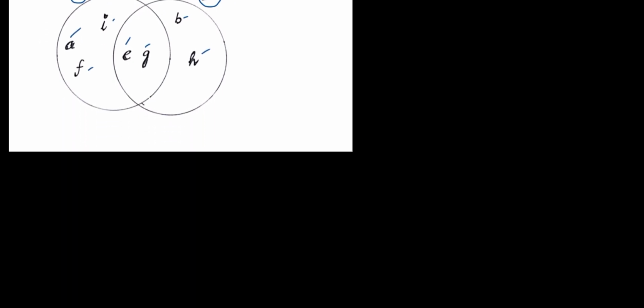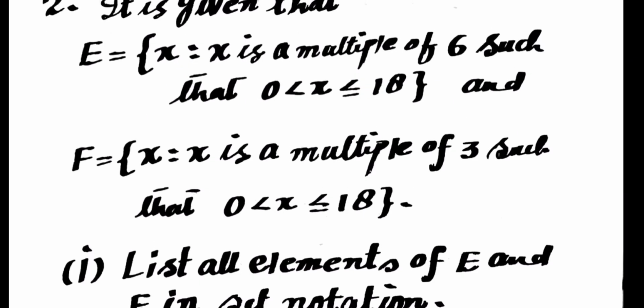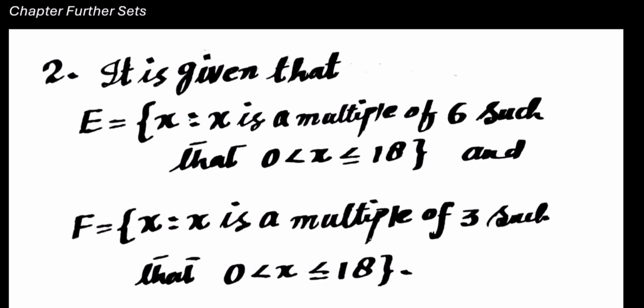Next, the second part. In the second part of practice now one, it is given that set E is the set of all elements X such that X is a multiple of 6 such that X lies between 0 and 18. 0 is not included here.